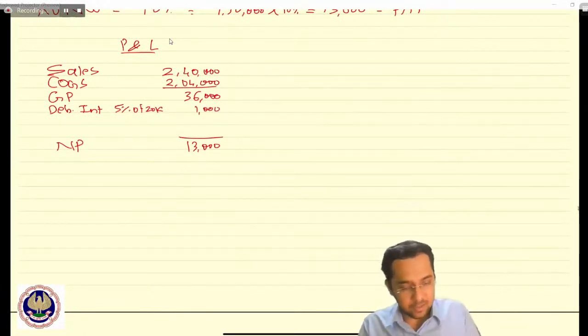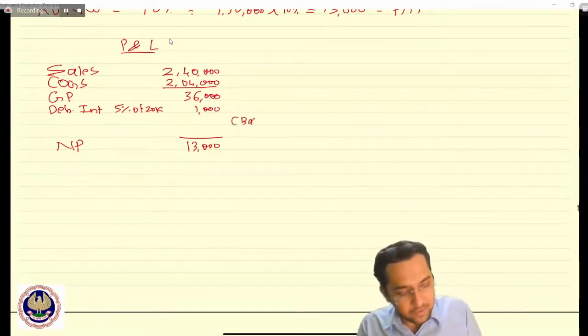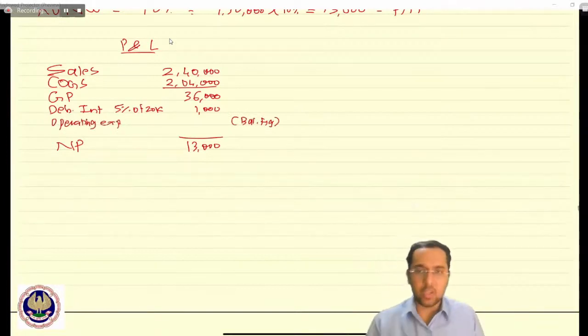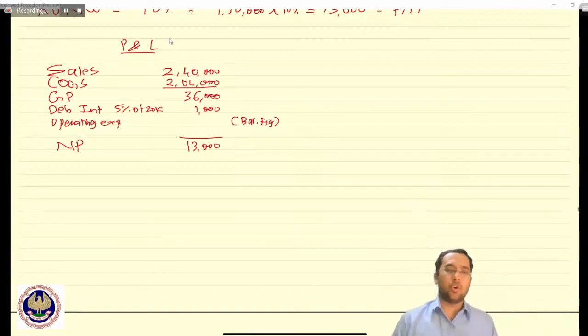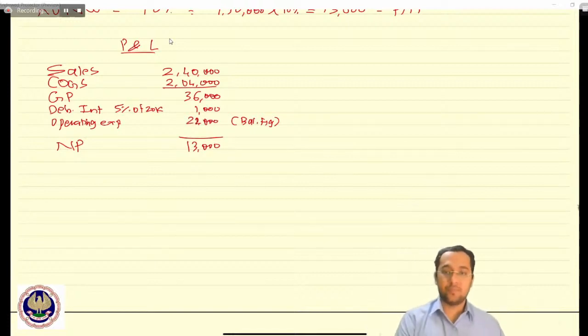So GP less debenture, still there is some balance left over, sir. So whatever is the balancing figure, you can say they are all your other operating expenses. What can you say about the balancing figure? It will be all your operating and admin, selling, and all such expenses. It's 22,000. That is our P&L.